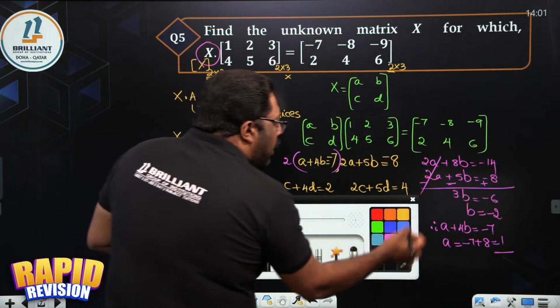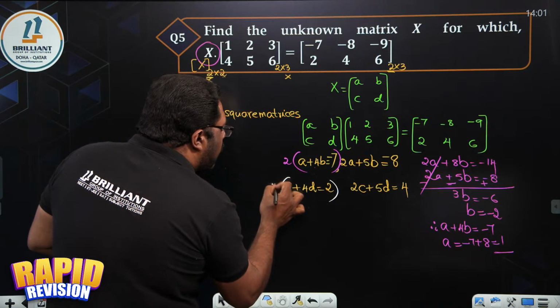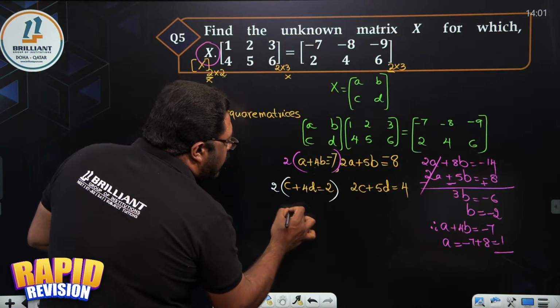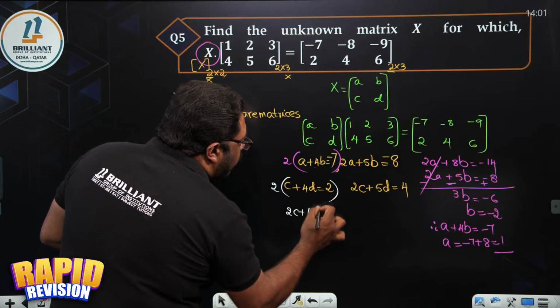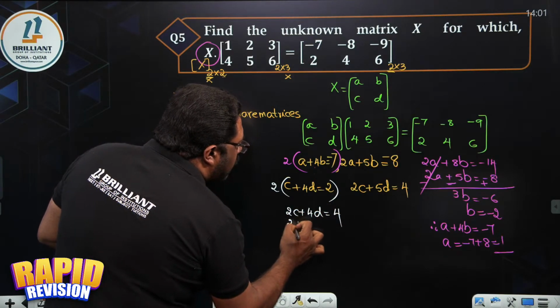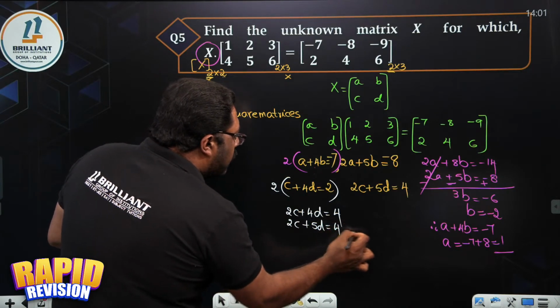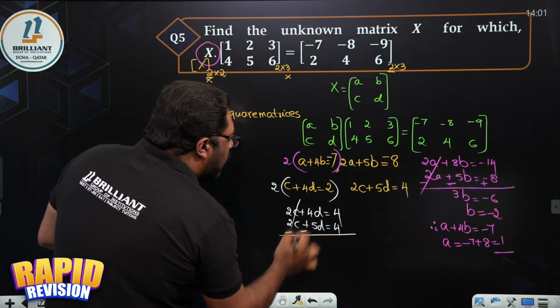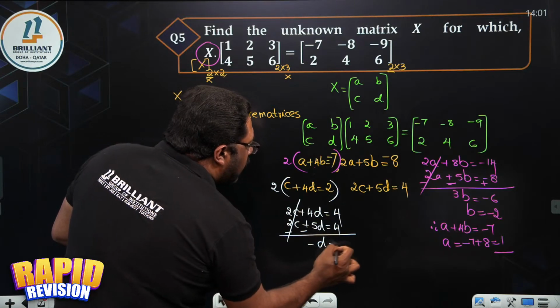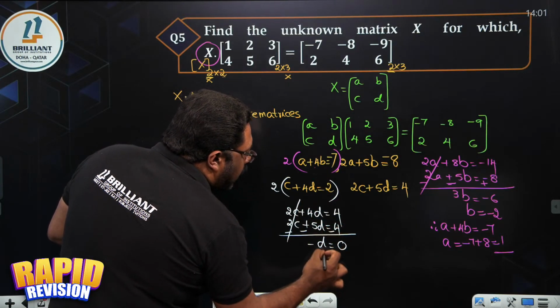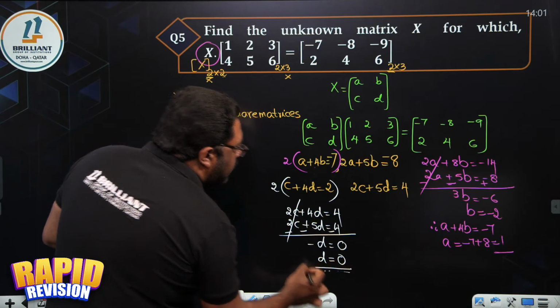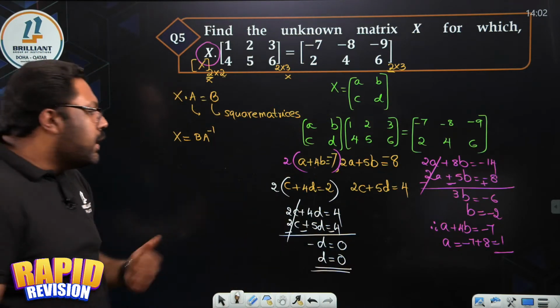The same idea, multiply the first one with 2, you can get, using method of elimination, 2C plus 4D equal to 4. 2C plus 5D equal to 4. I can eliminate. I will get minus D equal to 0. So I got the value of D as 0.